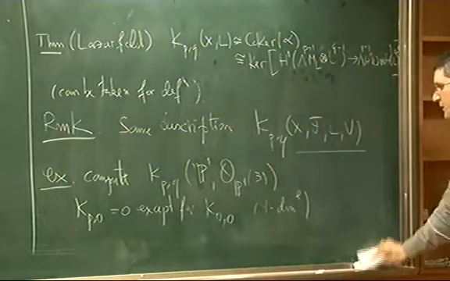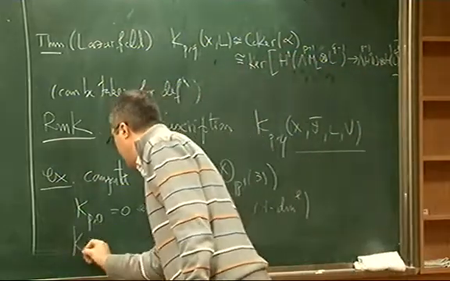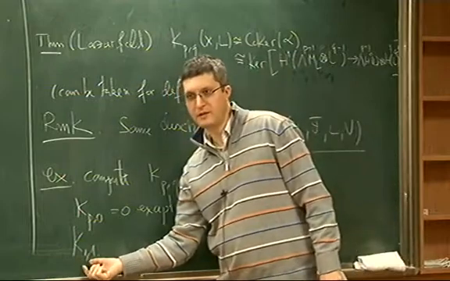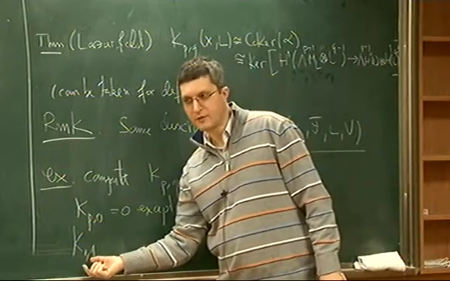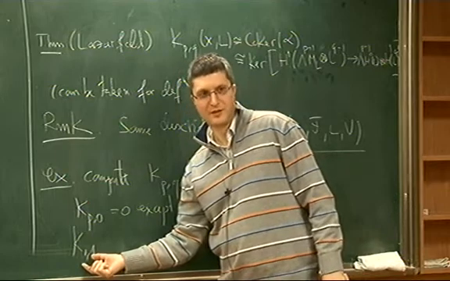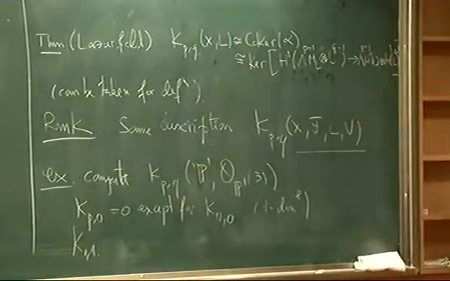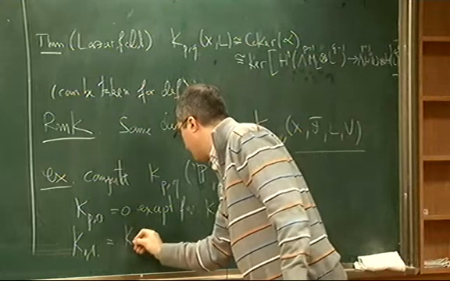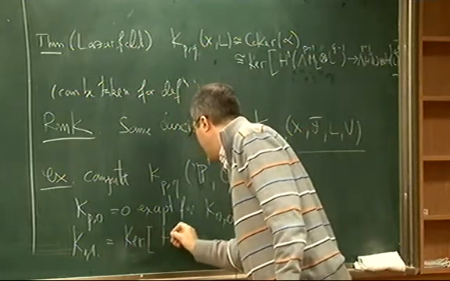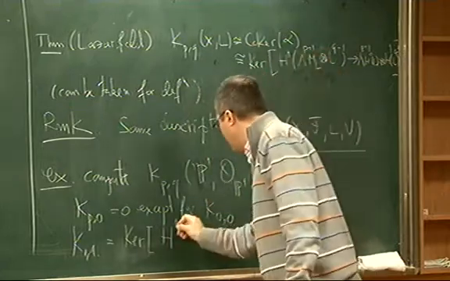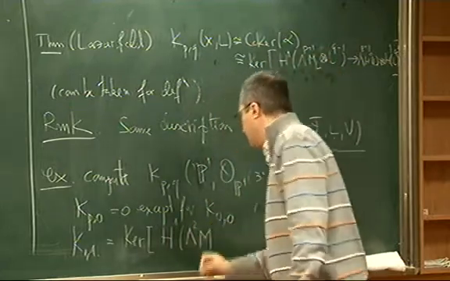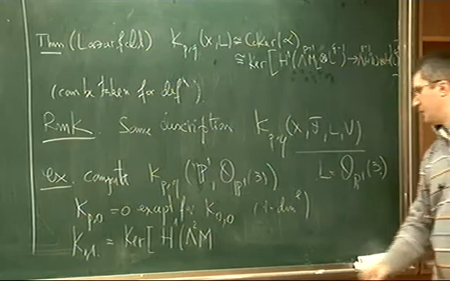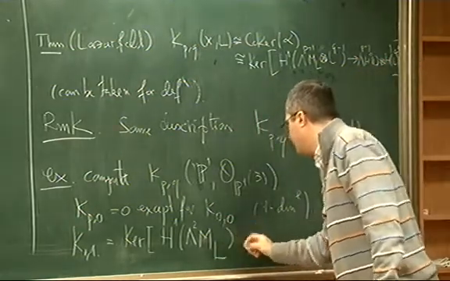And now let's go to, for example, K_{1,1}. K_{1,1} keeps track of the quadrics in the ideal of the curve. So by this description, this will be the kernel of the map from H^1 of wedge 2 ML, where I take L to be O_{P^1}(3).